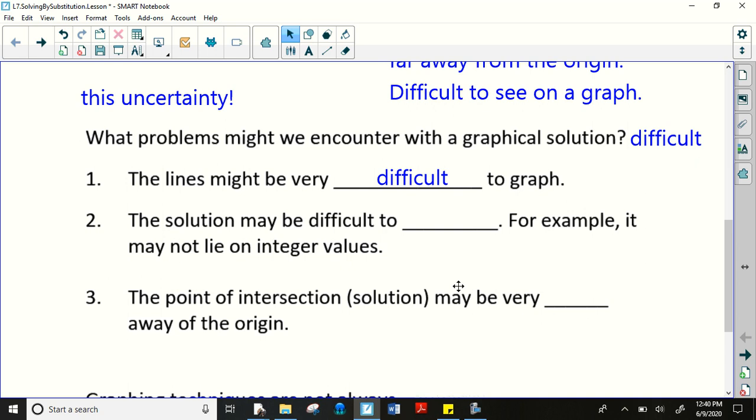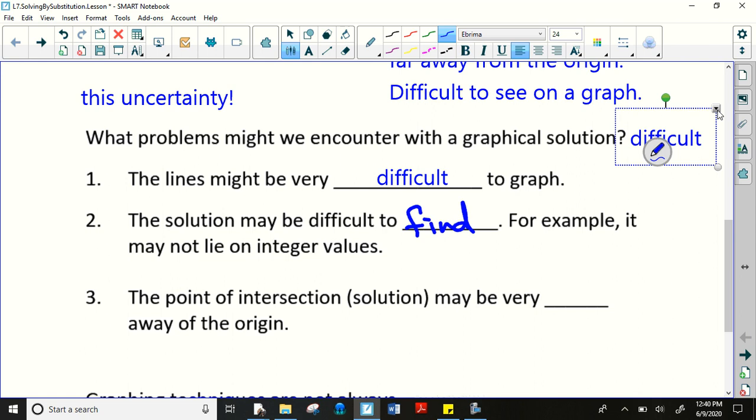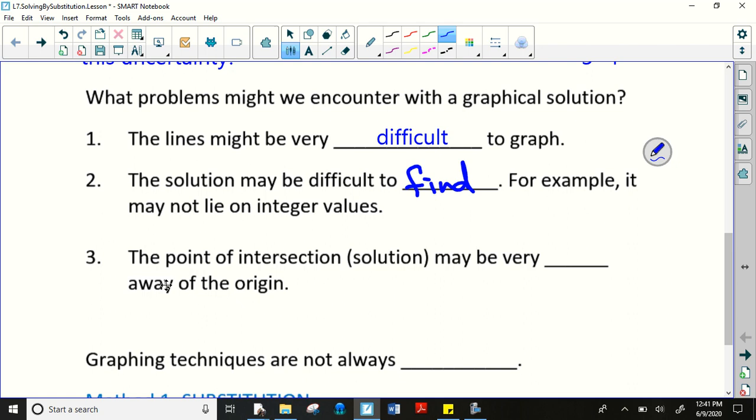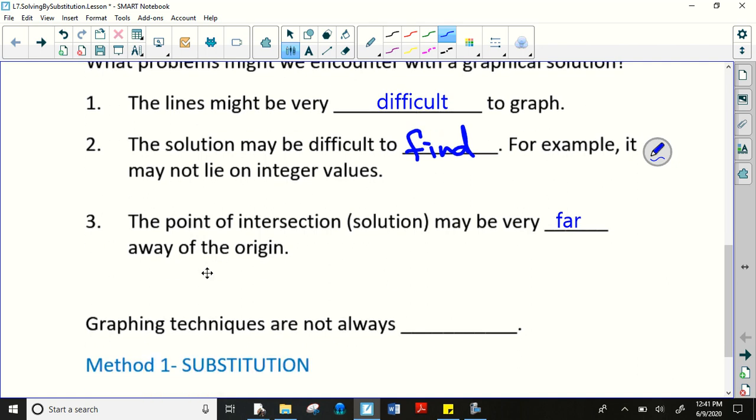The solution might be difficult to find. Okay, the point of intersection or the solution might be very far away from the origin. So we're not going to use graphing techniques all of the time.